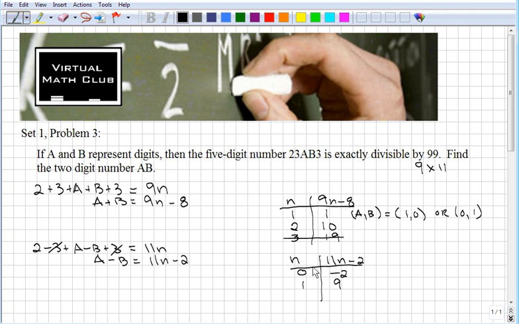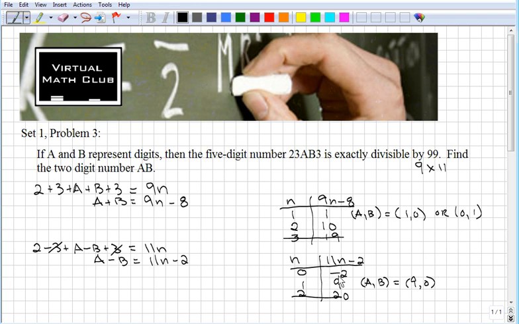And there's really only one possibility for digits that would give us a positive 9. A would have to be 9 and B would have to be 0. That's the only one, okay? If we go on and try 2 for n, you get 22 minus 2, which gives you 20, and there are no digits that we could find that would subtract to 20. So that one's not going to work. We can cross that one out.